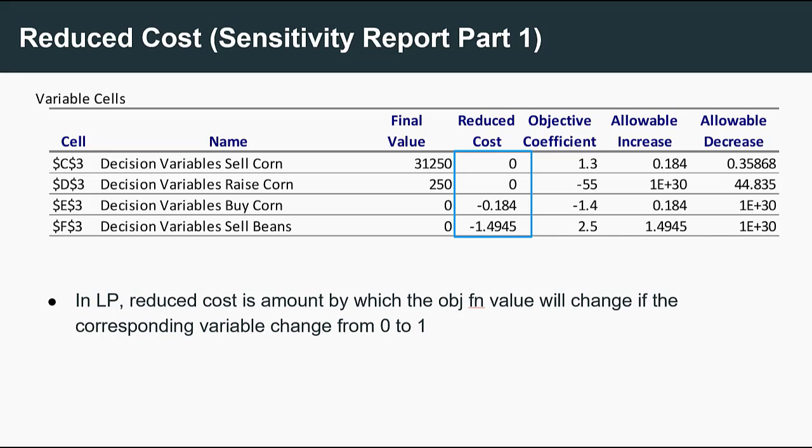But first, the reduced cost is the amount by which the objective function value will change if the corresponding variable changes from 0 to 1. So this is for those variables where the optimal solution is 0. Take cell beans, for example. If this value changes from 0 to 1, then the profit will decrease by 1.4945.